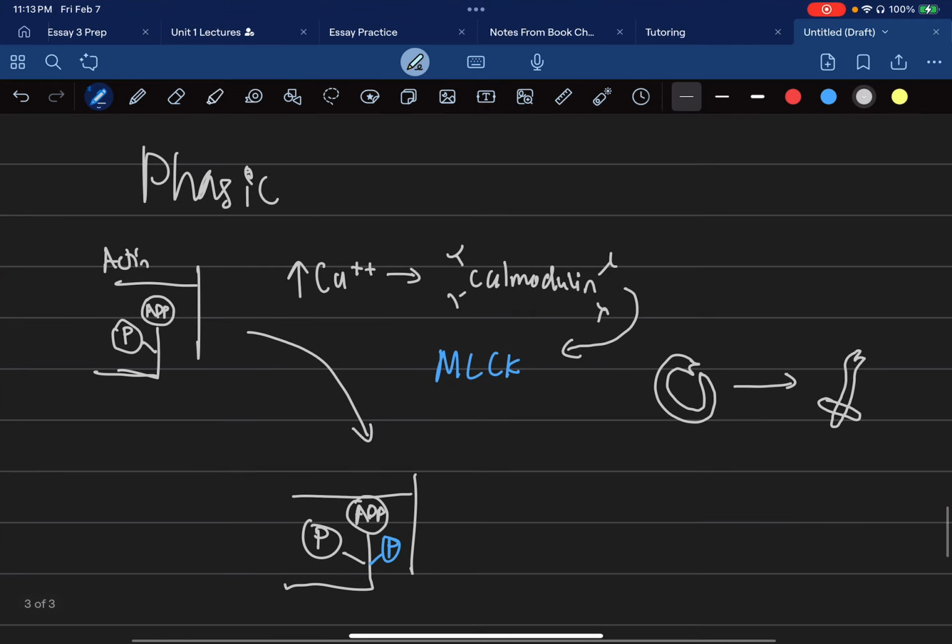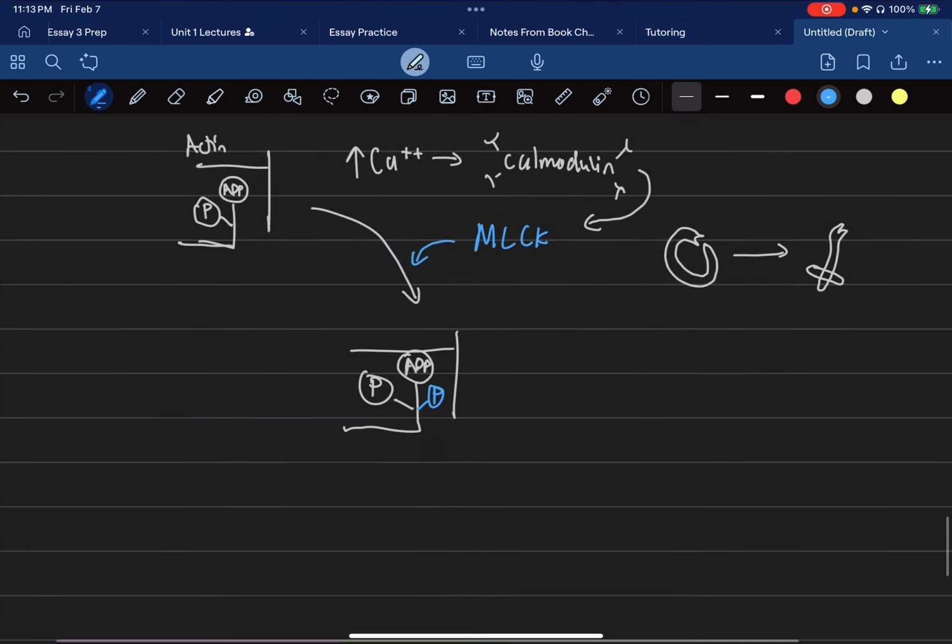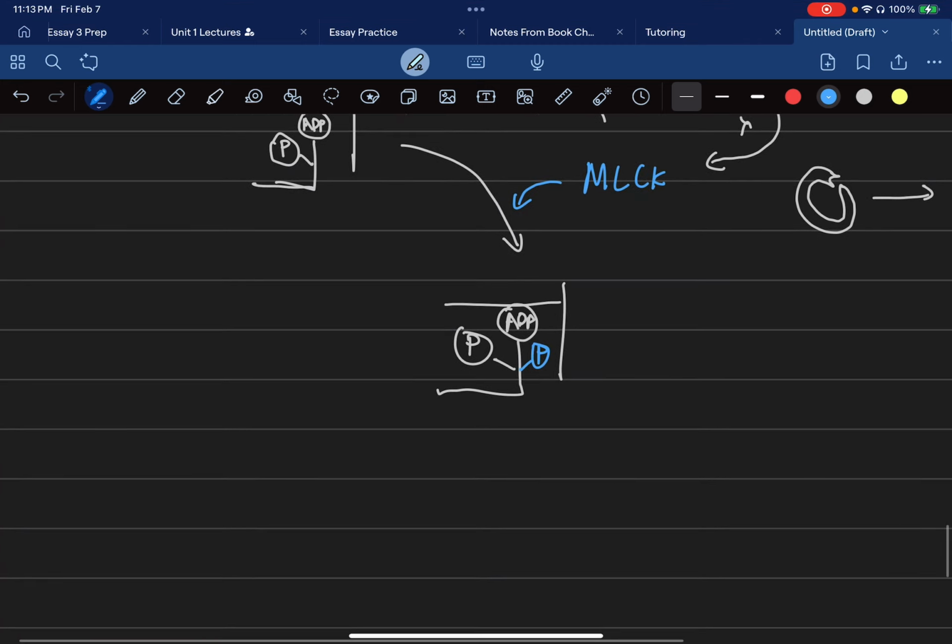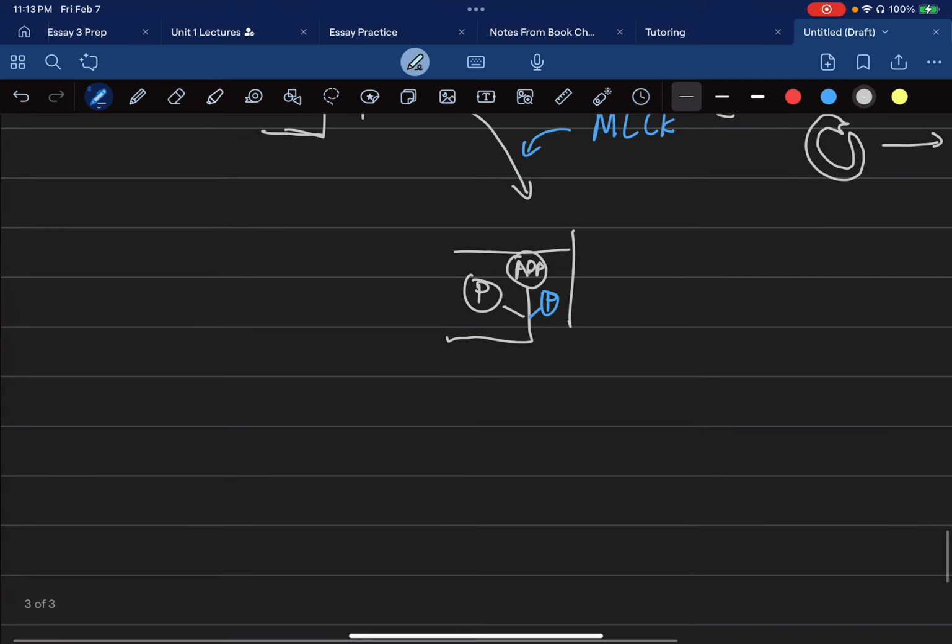So the MLCK is going to come in here and it's going to be able to phosphorylate that myosin right there. Because of that extra phosphate, the myosin head is going to be able to make a bond with the actin.